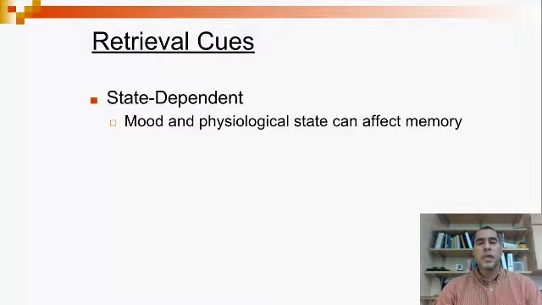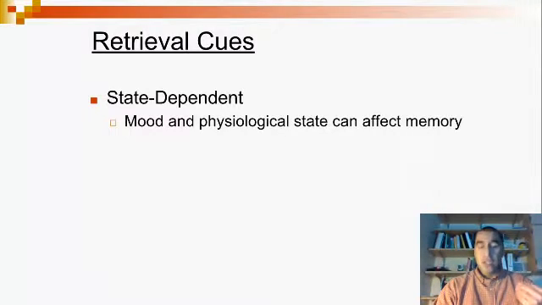These are memories that are retrieved when we're in a certain mood or physiological state. So the condition mentally, emotionally, or physically that I was in when I learned the information can affect if I recall it. Your book gets into the idea of depressed people who have a depressed mood.